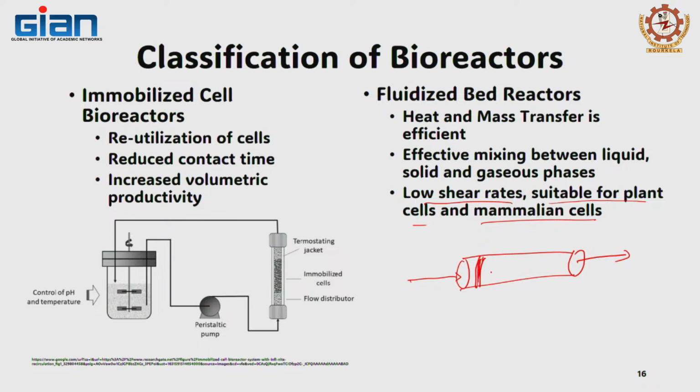So, it is moving from one side to the other side. It will get converted, or the substrate will get consumed and will go away, right? The product will be formed and that can come out. So, in this particular chamber in a plug flow reactor, does that have your immobilized cells? Yes or no? In this particular design that I have made, yes. So, in a plug flow reactor, that is one way of passing it.